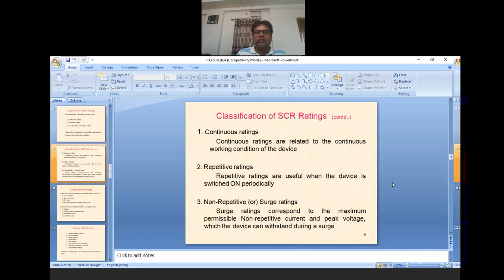If it is repeated, the device will get damaged, and these ratings will normally be higher than the repetitive ratings also. It can be subjected to values above these ratings only once.